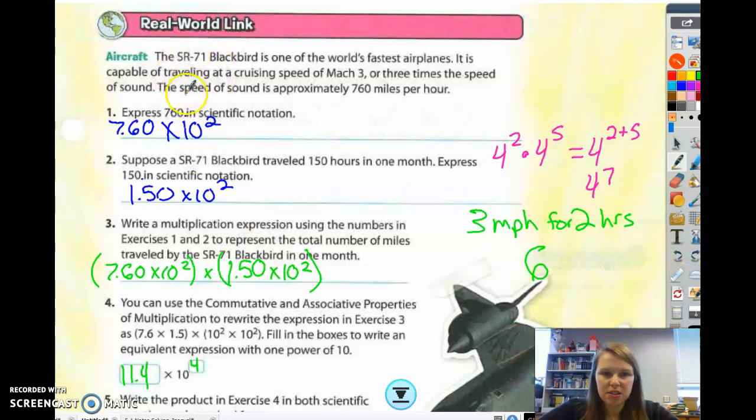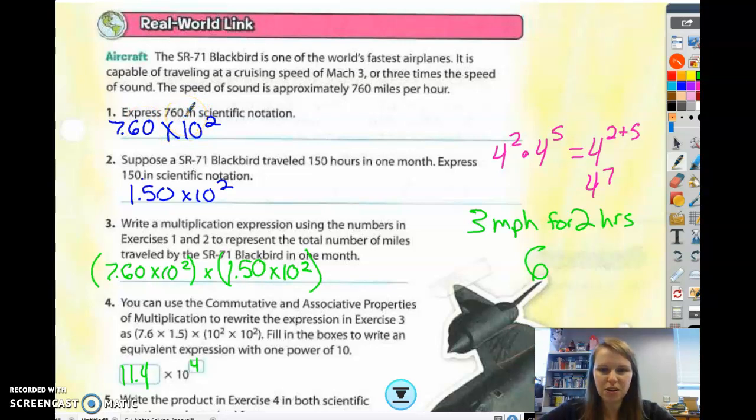In this question, it says the SR-71 Blackbird is one of the world's fastest airplanes, and it's capable of traveling at a cruising speed of Mach 3, or 3 times the speed of sound. If the speed of sound is 760 miles per hour, it says express 760 in scientific notation. So our decimal place is right here.